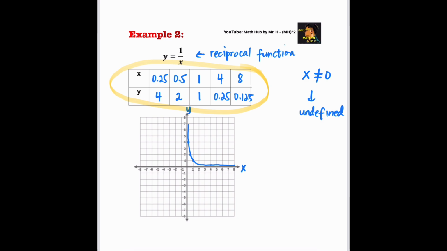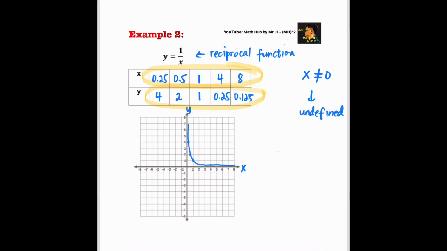Now, I mentioned earlier that I picked the positive values of x because for a reciprocal function, if you pick the negative counterparts of these numbers, obviously you will have the same values, but negative.